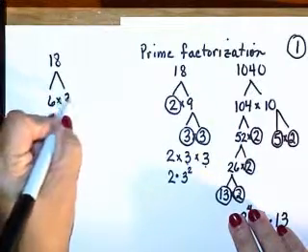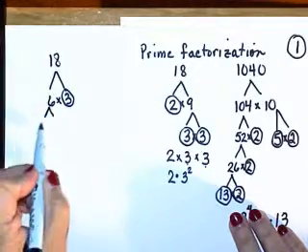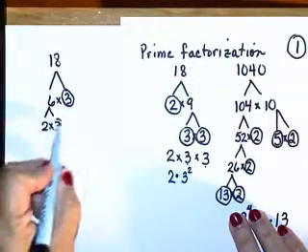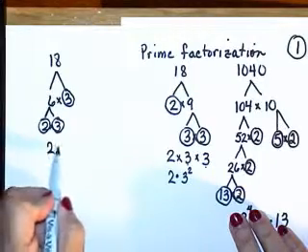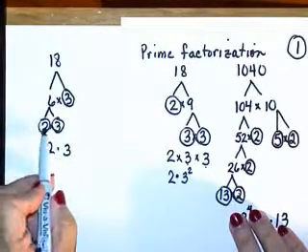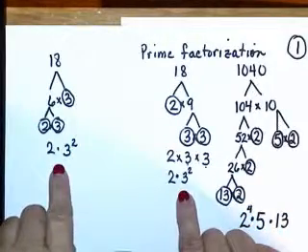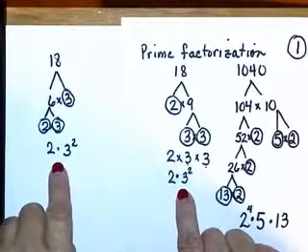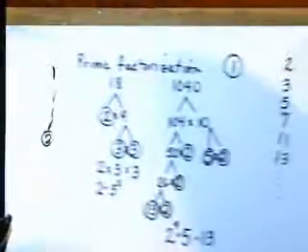So let's try that and see what happens. 3 is prime, and then 6 is 2 times 3, and both of those are prime. Now, when I write down my 2, write down my 3, I have 1, 2, 2 3's. No matter how I factor it, I still get the exact same prime factorization. So it is unique. Okay?